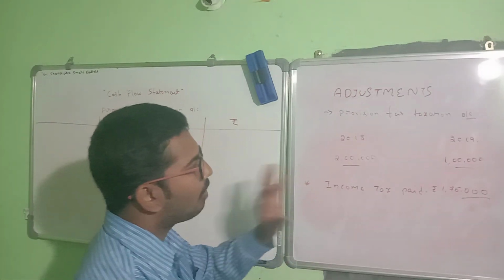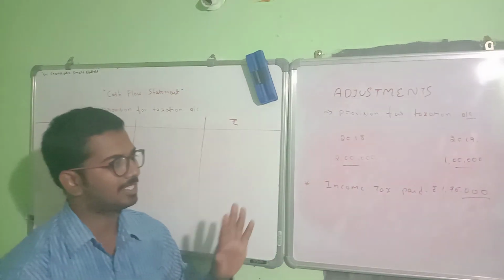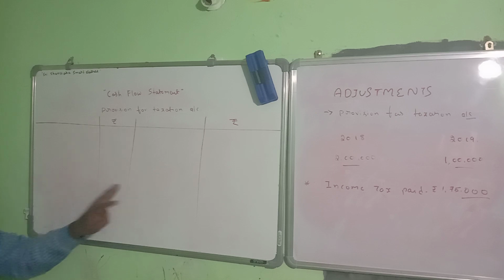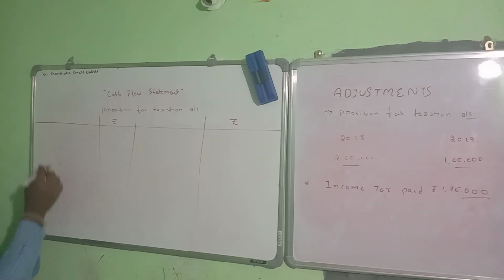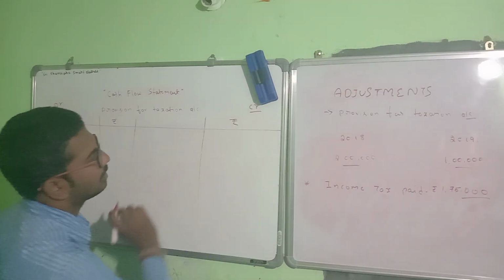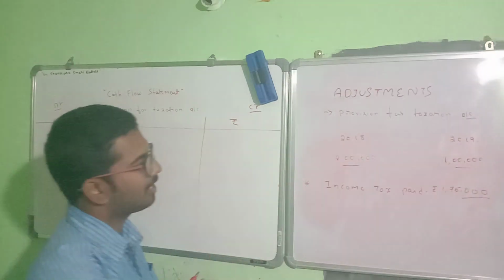With the help of this, how are we going to prepare the necessary ledger account? Provision for taxation is a liability account. In a liability account, the opening balance comes on the credit side and the closing balance comes on the debit side. First, we should bring down the opening and closing balances given in the question.